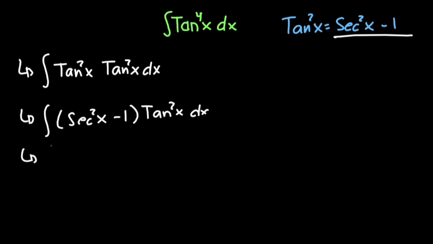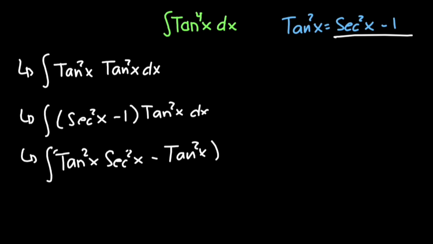And so, distribute tangent squared of x to this parenthesis. So this would be the integral of tangent squared x secant squared x minus tangent squared x. And so, split the integral apart. So you have this.